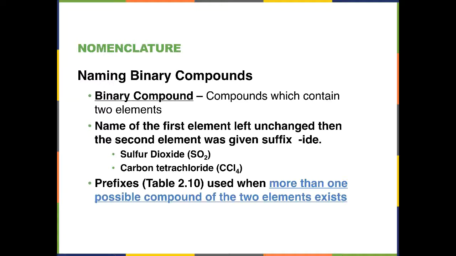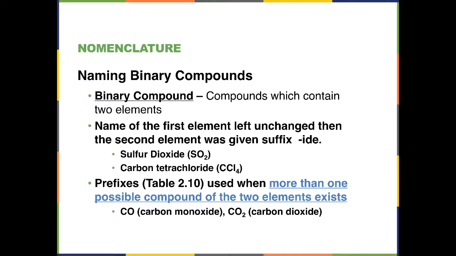Now, if there were only one possible sulfur plus oxide, then it would just be called sulfur oxide. But because there can be one, two, or three, you include the di to tell you that that's the sulfur oxide compound you're talking about. Similarly, carbon tetrachloride, there are other carbon chloride combinations, and so you use the tetra, which means 4, to tell you that there are 4 chlorines.